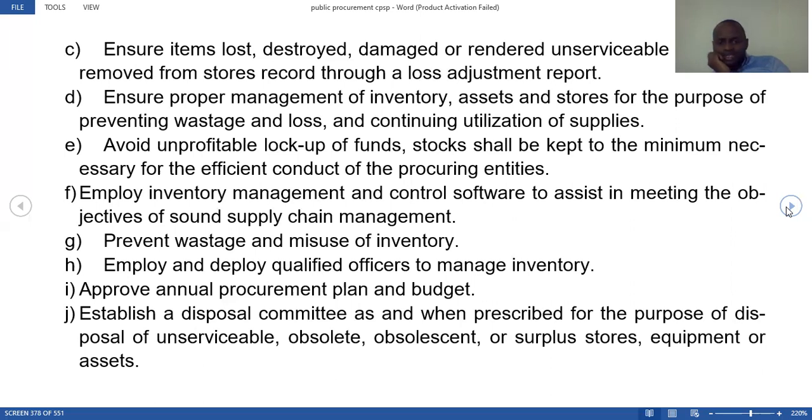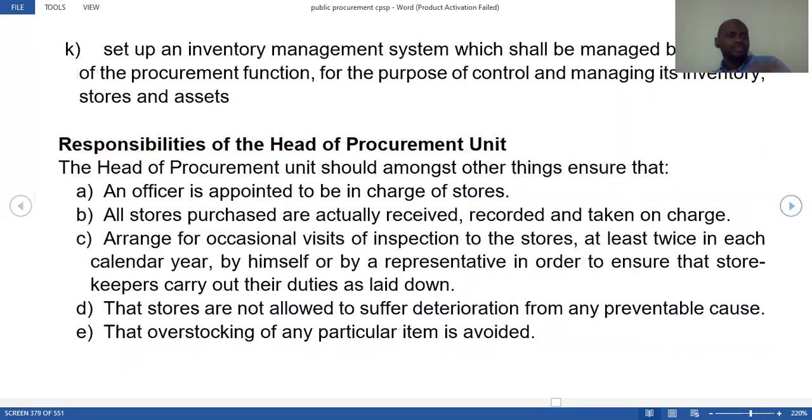So they hire the services of qualified personnel who are going to implement the vision of the organization. Approve annual procurement plans and budgets. That one is obvious. And also come up with various committees, for example, the disposal committee and other committees to work in those areas.